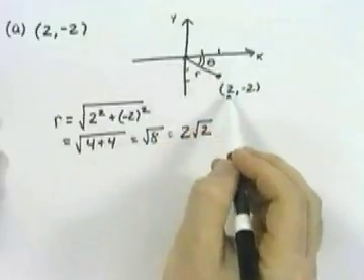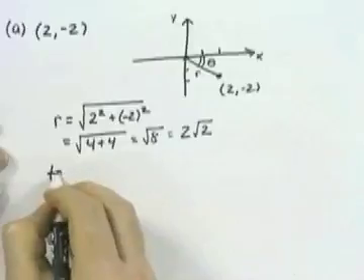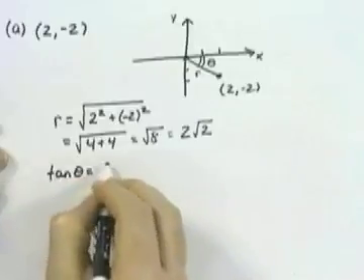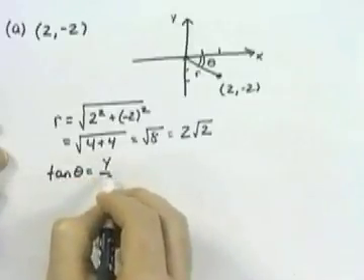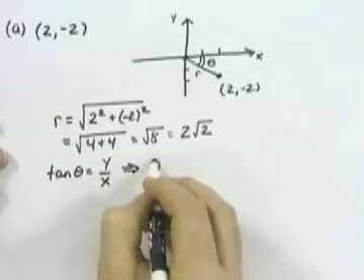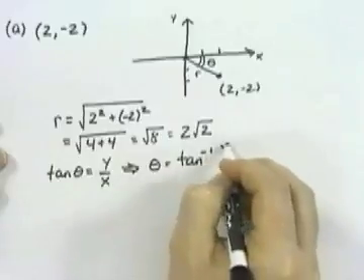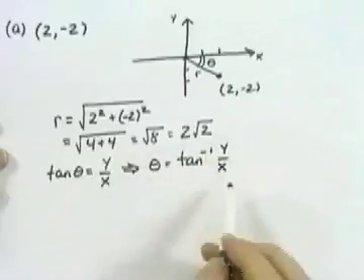What we should notice here is that I have the x-coordinate and the y-coordinate. Recall that the tangent of an angle theta is given by the y-coordinate over the x-coordinate. Therefore, theta can be found by computing the inverse tangent of y over x.